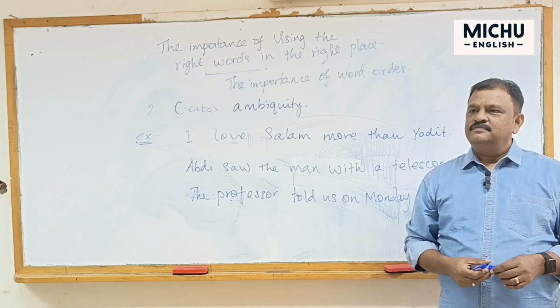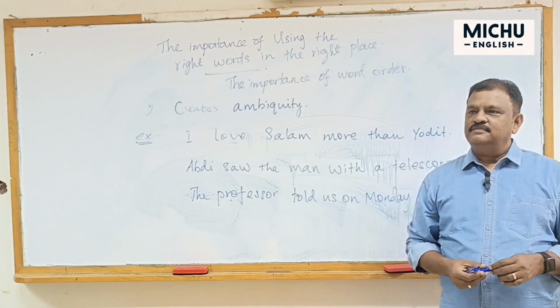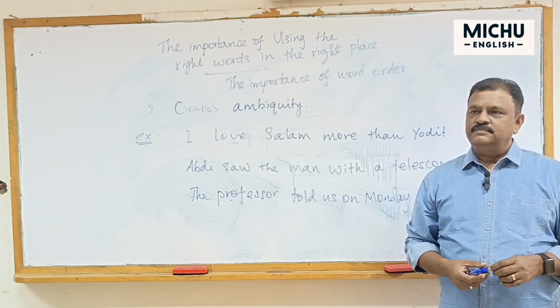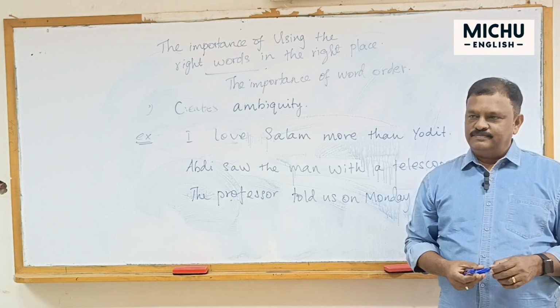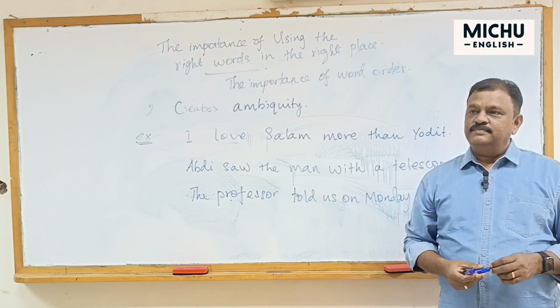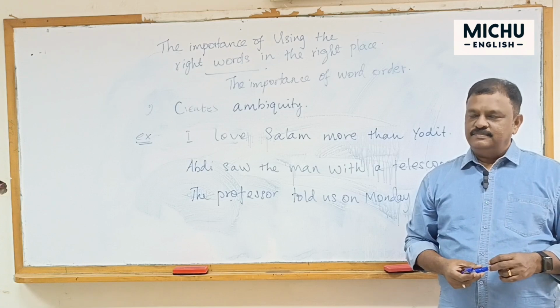The way we say, I love Salam more than Yoni does, this means both of them love Salam, but the love I have for Salam is more than the love Yoni has for Salam.